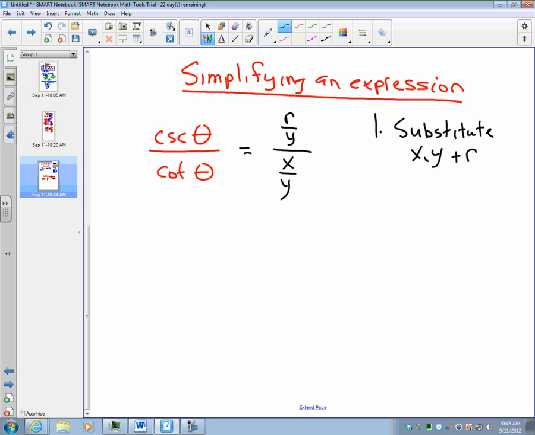How do you divide fractions? Remember what you do? Yeah, you flip and multiply. So it equals r over y times y over x, right? Which will now equal r over x.